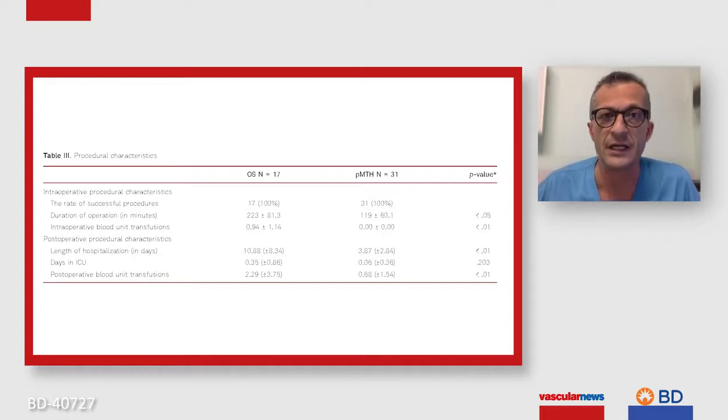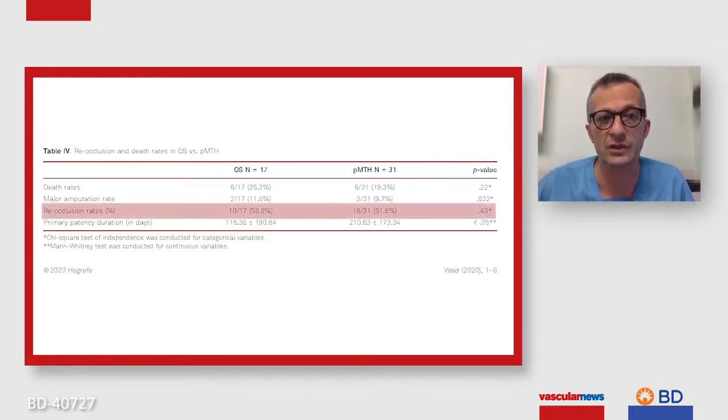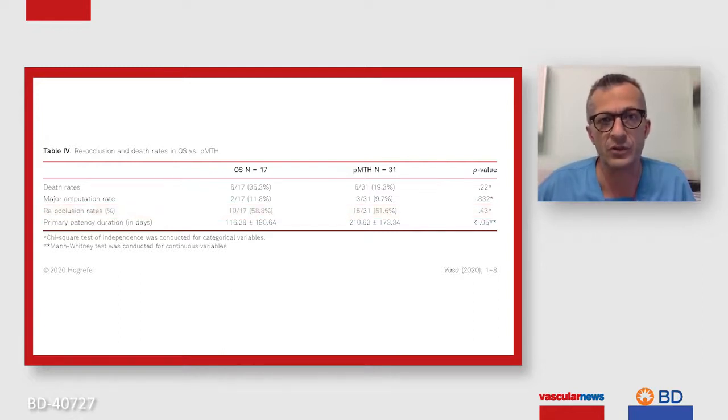And finally, the length of hospitalization is about one third in the Rotarex group. During follow-up, there were no differences in death rate, in reocclusion rate, and in limb salvage rate. The only significant difference is the reocclusion time. This is longer after Rotarex procedure than open surgery.